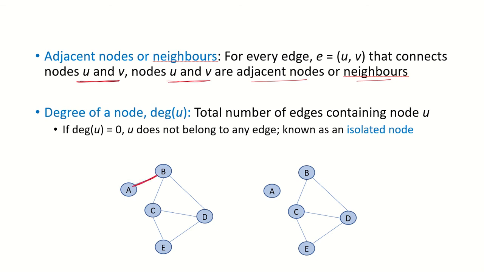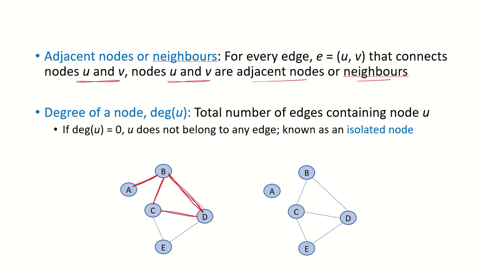So we say that A and B are adjacent nodes or neighbors. B and D are also adjacent nodes. B and C are also adjacent nodes. C and D are also neighbors. C and E are also neighbors. D and E are also neighbors.